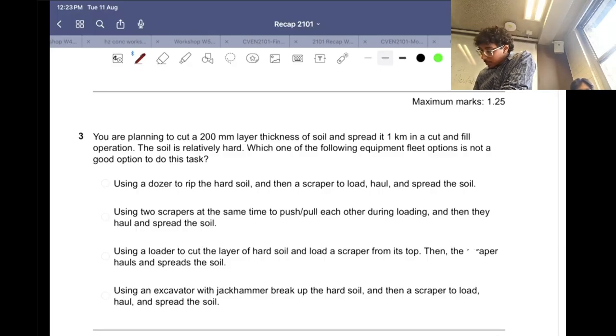This one, once again, is another niche scenario. You have a 200 millimeter layer thickness of soil. You have to spread it 1 kilometer in a cut and fill operation. The soil is relatively hard. Which one of the following equipment fleet options is not a good option to do this task? What are we thinking?